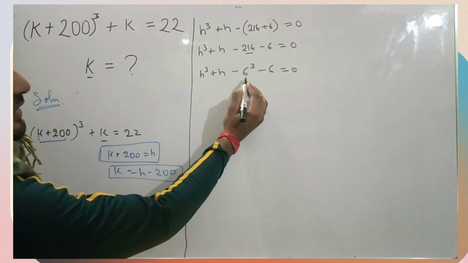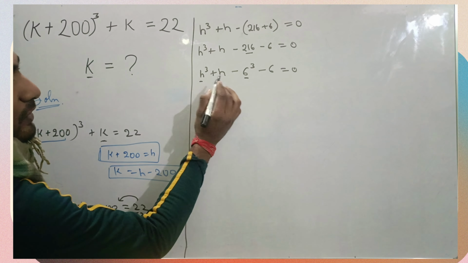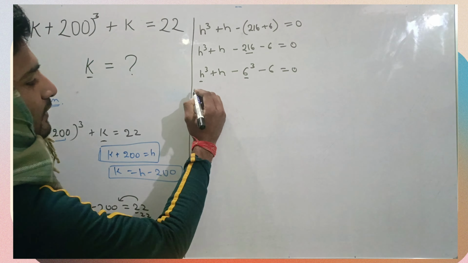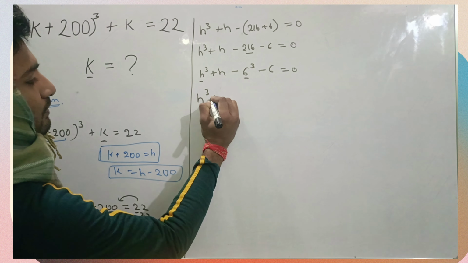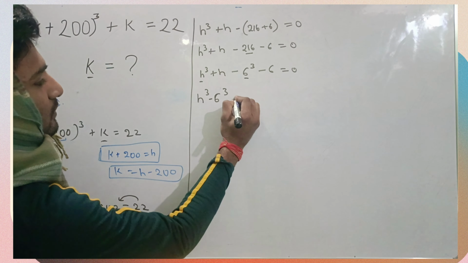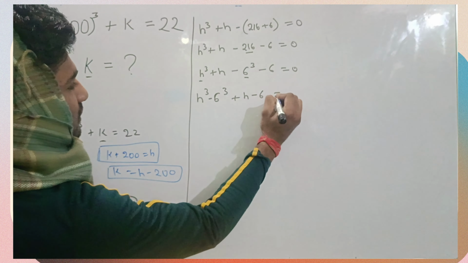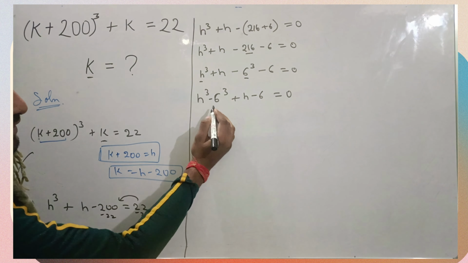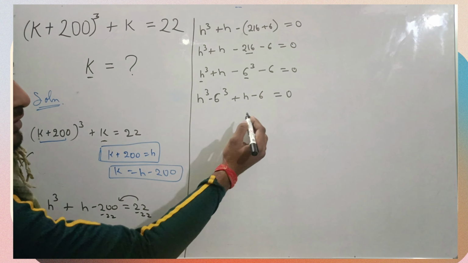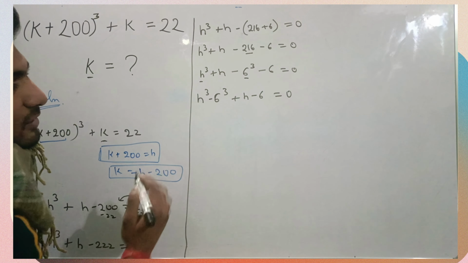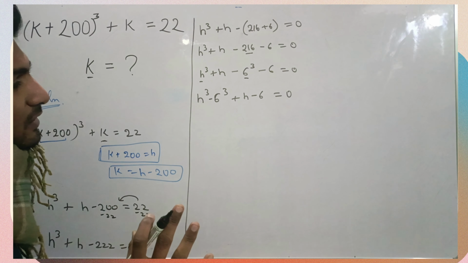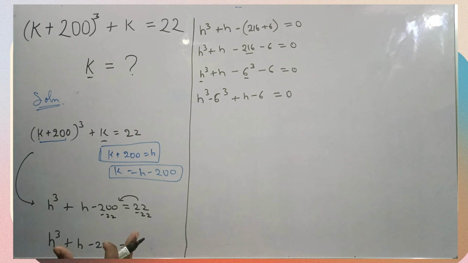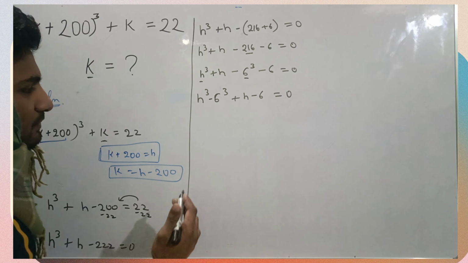Now we want to bring the cubic terms together so that we can use the expansion of a cubed minus b cubed. So h cubed minus 6 cubed plus h minus 6 is equal to 0. Here you can see that in the expansion we get a minus b, and here also is the term a minus b, so we can take this term common and we will be nearer to our solution.